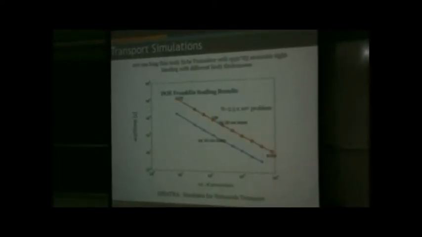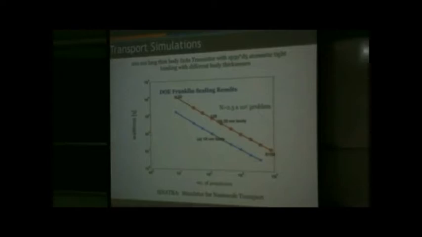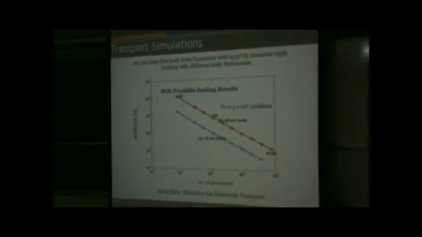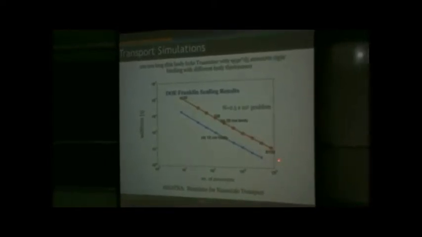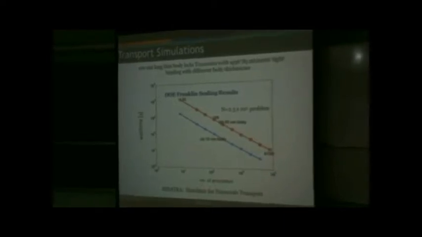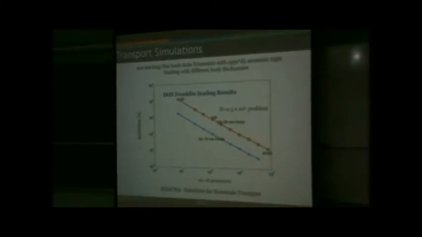And this is a scaling behavior. We usually show it, especially to experimentalists. It shows that we see ideal scaling up to 8,000 processors, 8,000 cores. But I can show you ideal scaling up to 150,000 cores. That's what we have done, and it parallelizes very well.